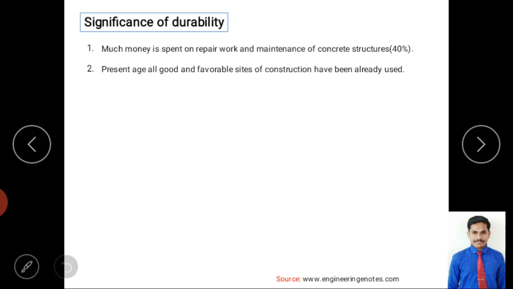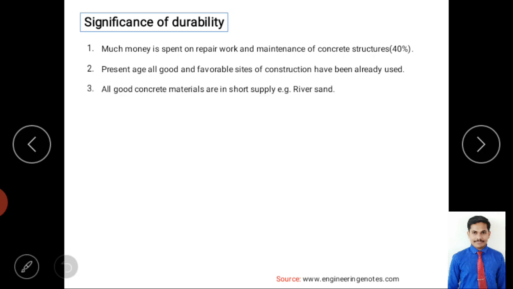So now we are going for some constructions where the site is not in a good condition. We are even going with some challenges, because all the good sites, plain or ideal for construction, are already built on. So that's why we have to take care of durability with new techniques and new methods.